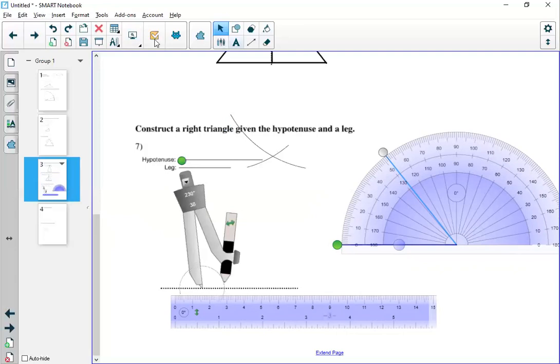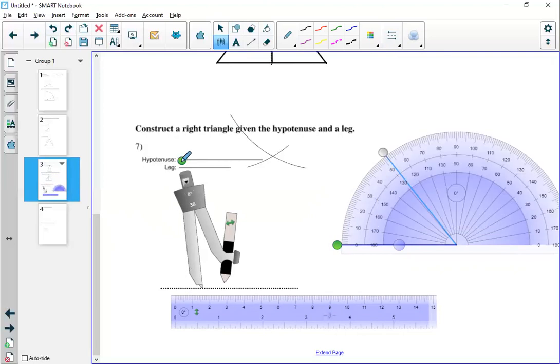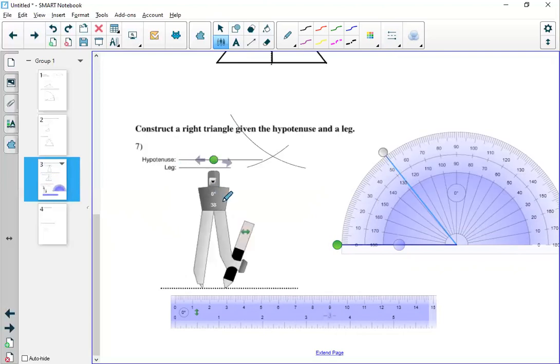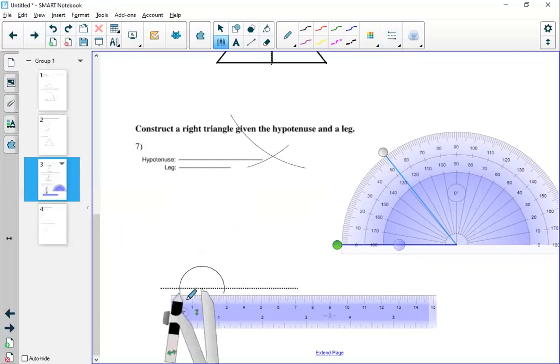Okay, please bear with me. Let me go back and select continuous straight line instead of broken line. I'm done with the broken line. So with that line, I'm going to draw an arc again. From this location, I'm drawing an arc. Good.